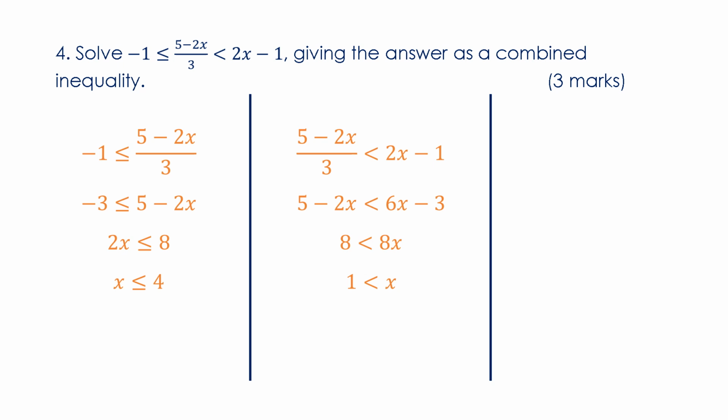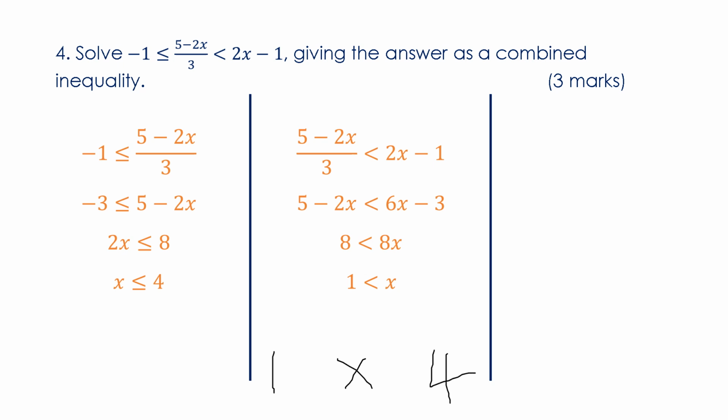You place the x in the middle, then to the left we start with the smallest value, which in this case is 1. Then to the right, the bigger number, which is 4.